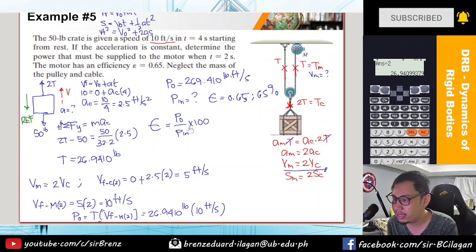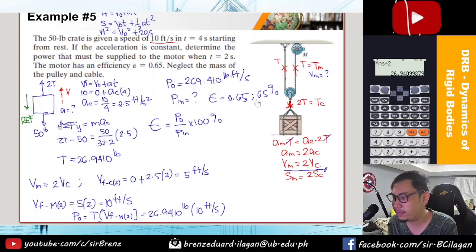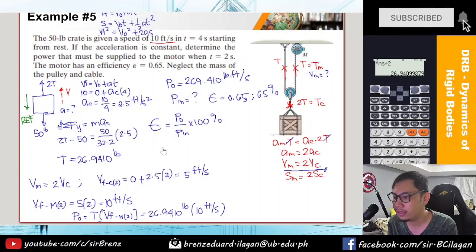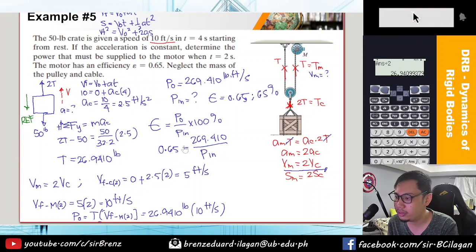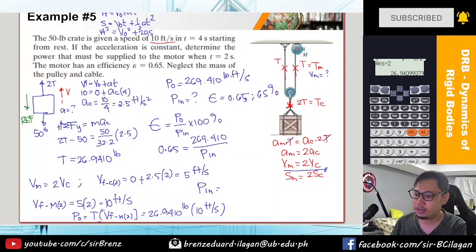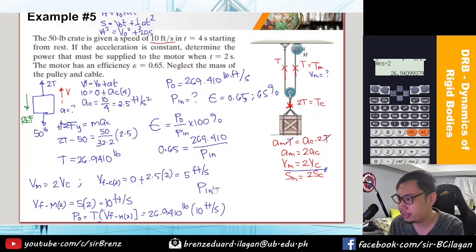If it is in percent, you divide by 100%. So you divide the 65% by 100%, or that will be equal to 0.65. So 0.65 is equal to the P output of 269.410 over the input power. Okay, so you just transpose that. Cross-multiply. So the final answer for this is 269.4 divided by 0.65.